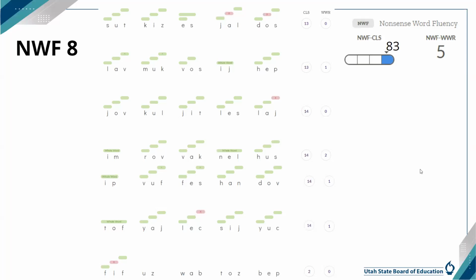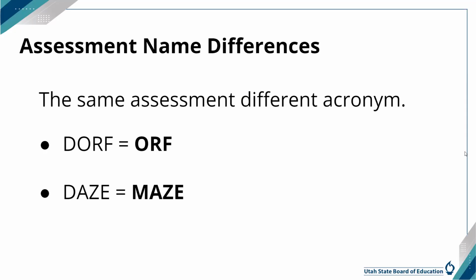Any questions on nonsense word fluency before we move into oral reading fluency? So just overall looking at acronyms, the DORF is the same thing as ORF, oral reading fluency, and the DAYS is the same thing as MAYS.